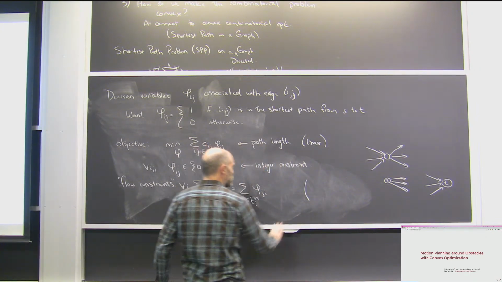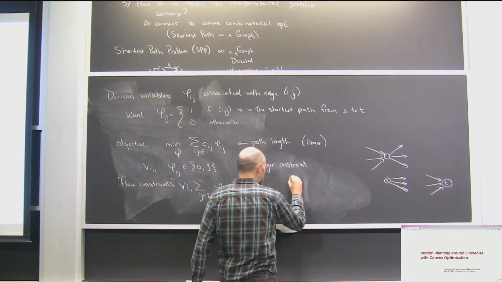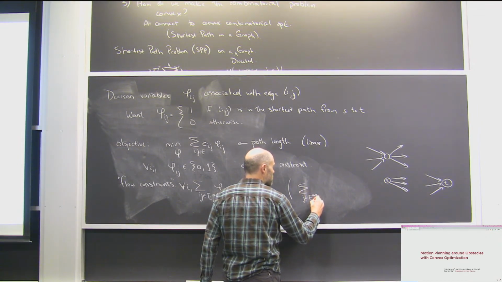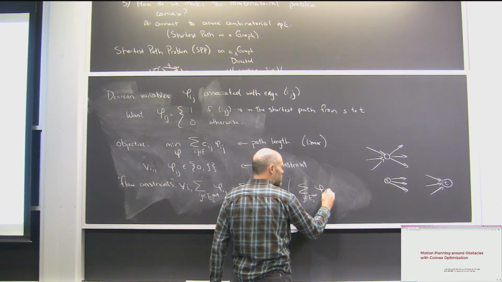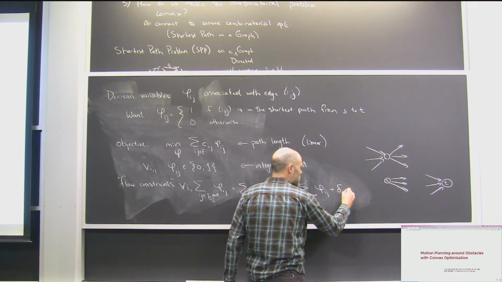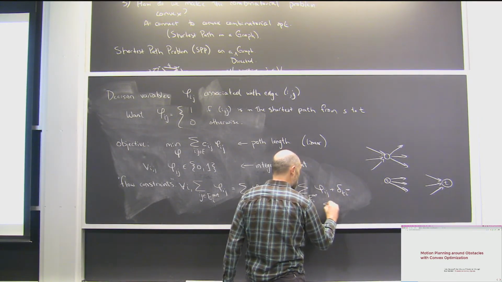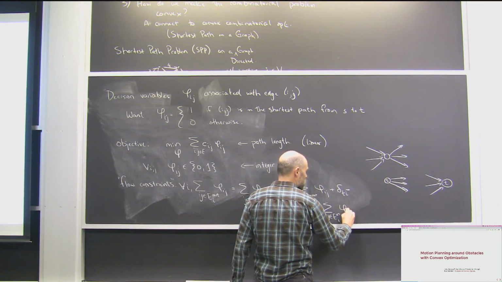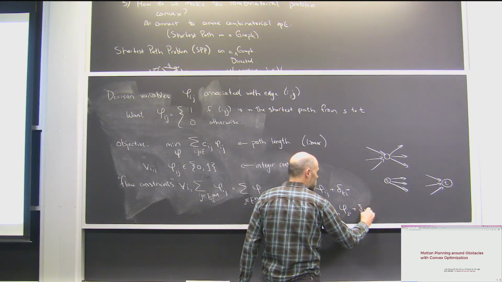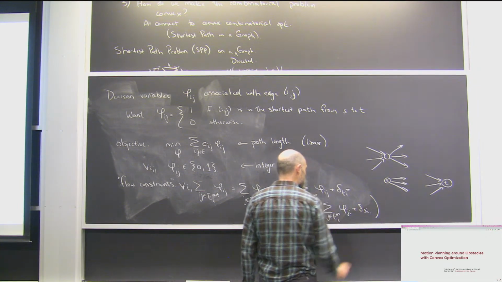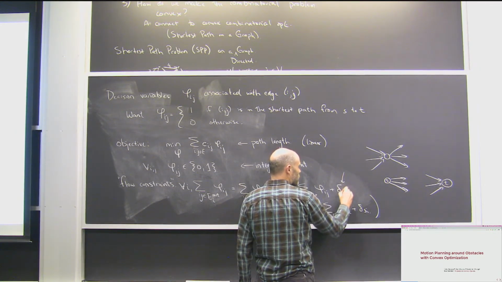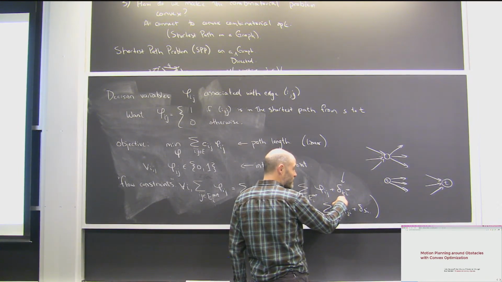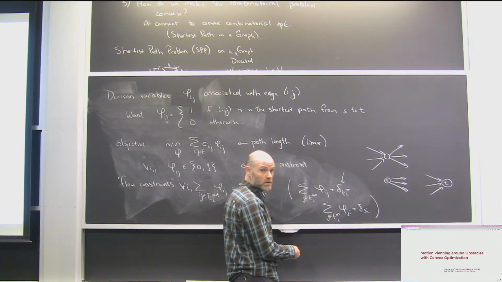So the slight generalization that you'll see in the books would be written like this, with a delta function, which takes value 1 when t equals i and 0 otherwise.